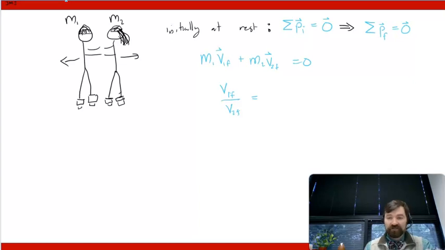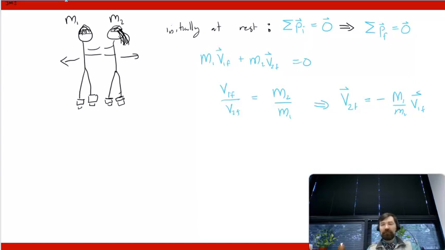Note that I've converted from velocities to speeds. We know they're going in opposite directions, so v1 is the negative of something times v2. But this ratio, v1 over v2, will look like m2 over m1. The ratio of their speeds is equal to the inverse of the ratio of their masses. Or put differently, v2 final as a velocity will look like negative m1 over m2 times v1 final as a velocity.